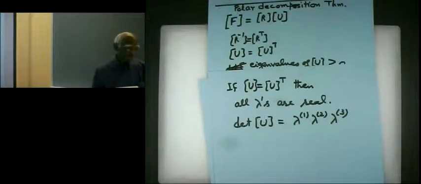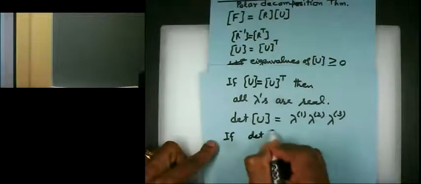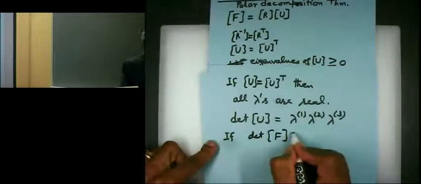So, and this is the last thing I will say, if the determinant of F is positive, which we assumed, that the Jacobian, which is the determinant of F, is positive.